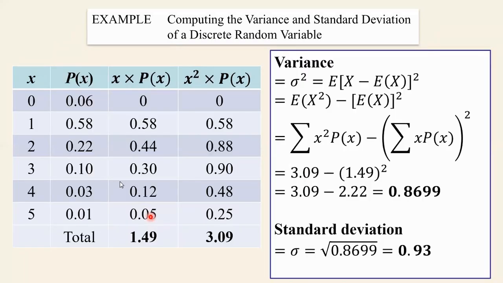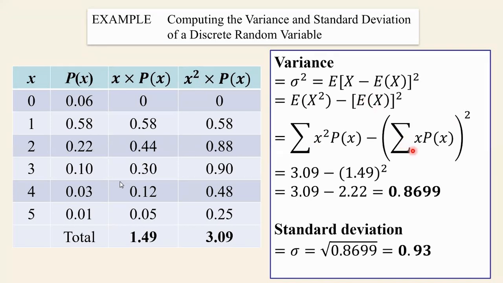For that, we prepare a table like this, because we know that variance is expected value of (x minus E of x) squared. This is the same as expected value of x squared minus (expected value of x) squared. That is equal to summation of x squared times p of x minus (sum of x times p of x) squared. This is equal to this one.